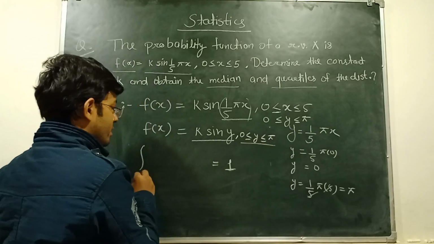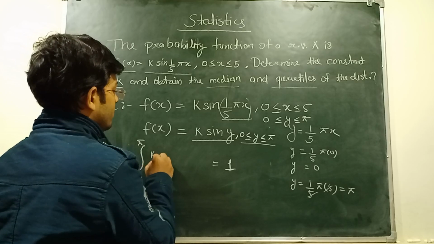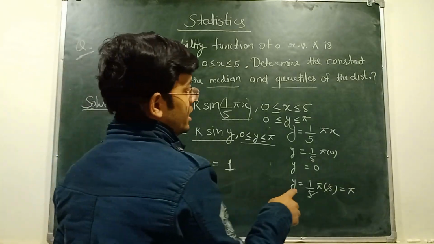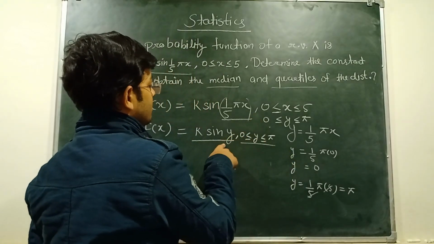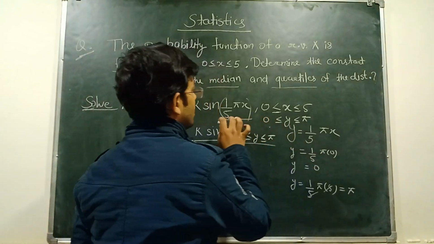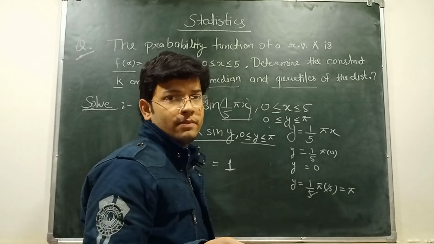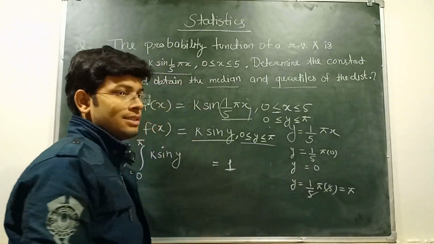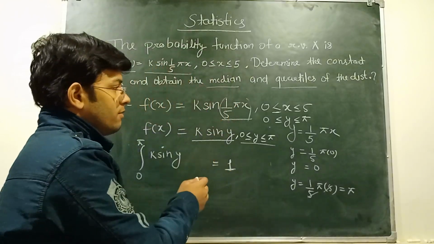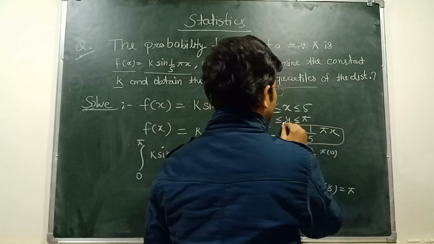The limits are given 0 to π and the function is k sin y with respect to dy. But the question is with respect to x, so now that the question has changed in terms of y, we also change dx.